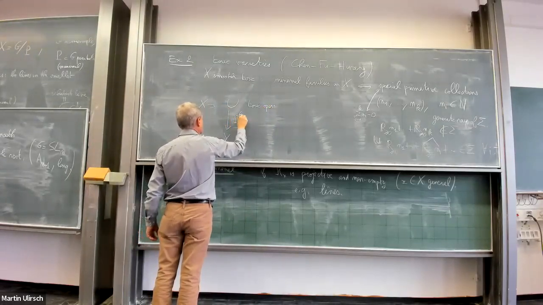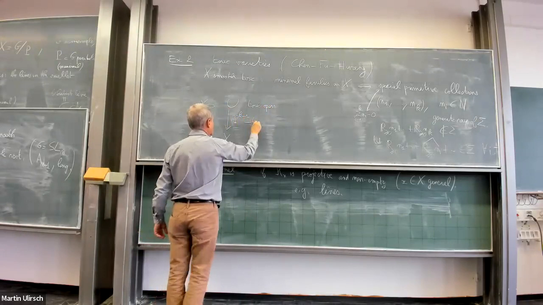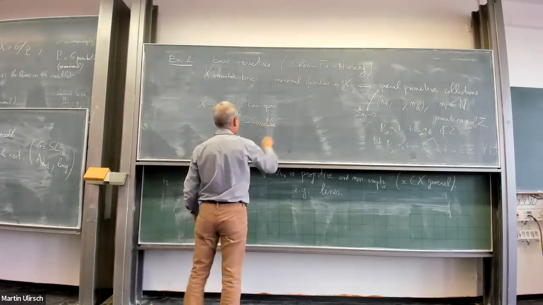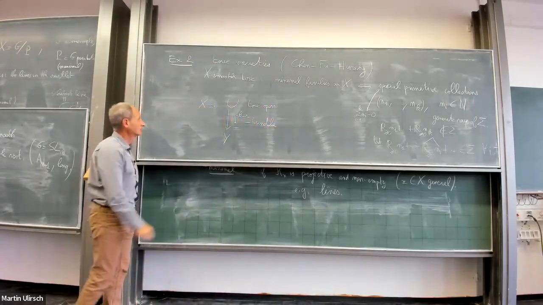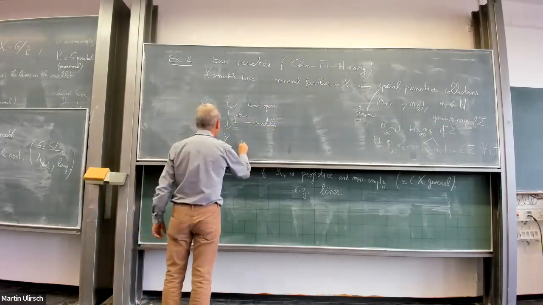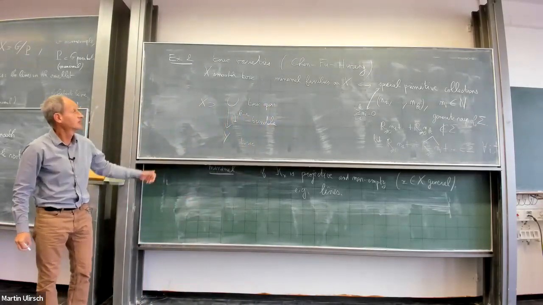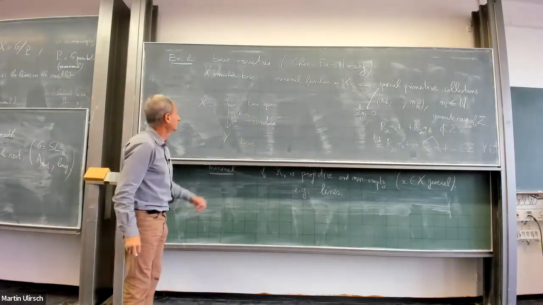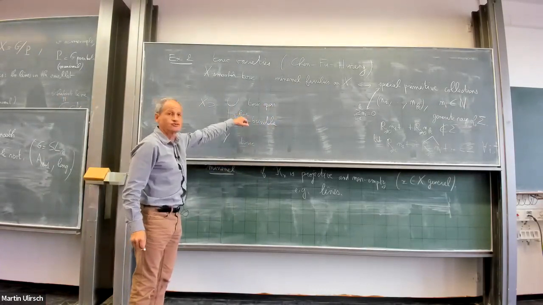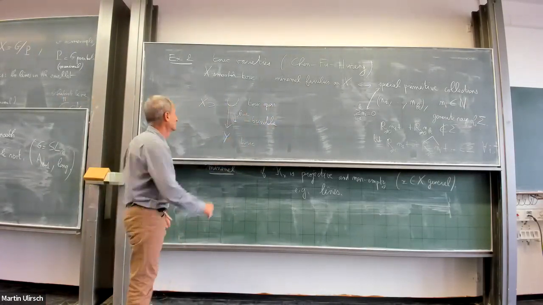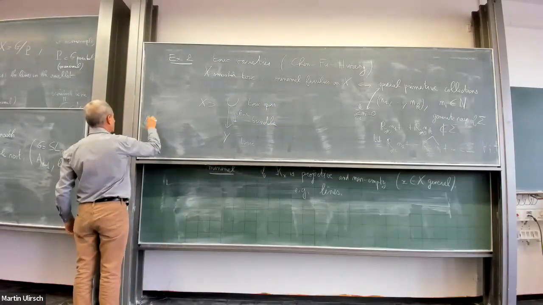Actually this is a P^(k-1) bundle. This is another toric variety, of course of smaller dimension. And the curves you're interested in are just the lines in the fibers.